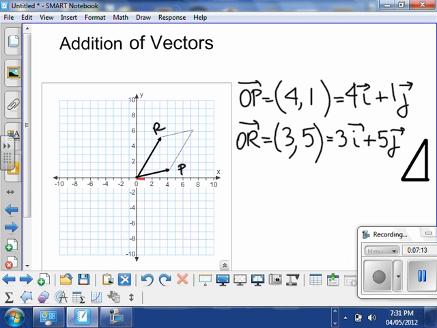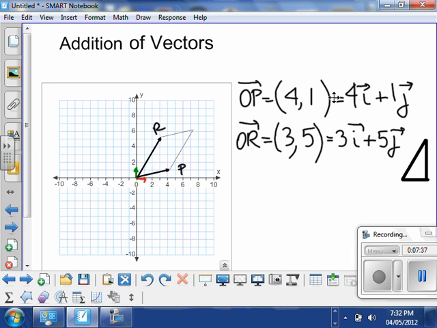Unit vector here, i, unit vector here, j. Good. So yes, indeed, 4 reds here plus 1 green here, it's right, for OP, and for OR, 3 reds here and 5 greens over there. So yes, that's correct. Good.